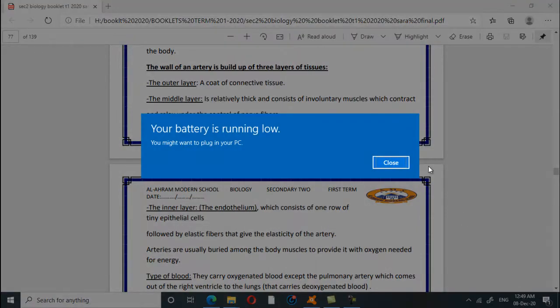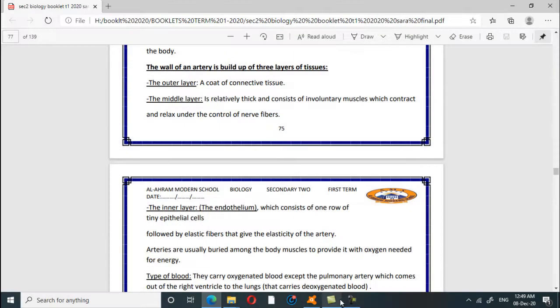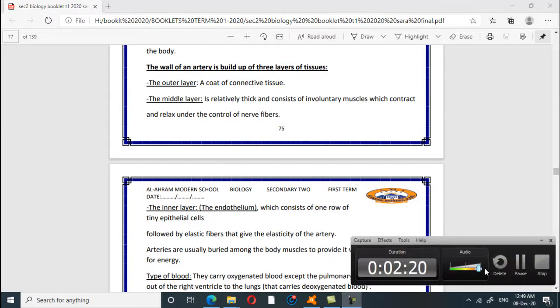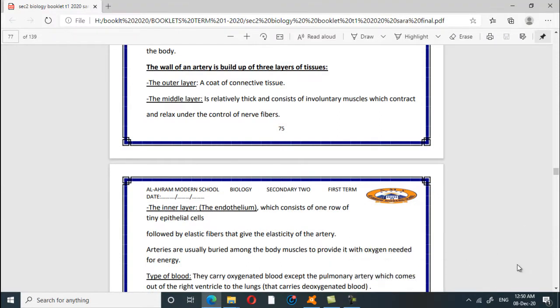And the inner layer of the artery consists of one row of tiny epithelial cells. This is the same structure as the vein, except that the middle layer of the vein is less thick than the middle layer in the arteries.